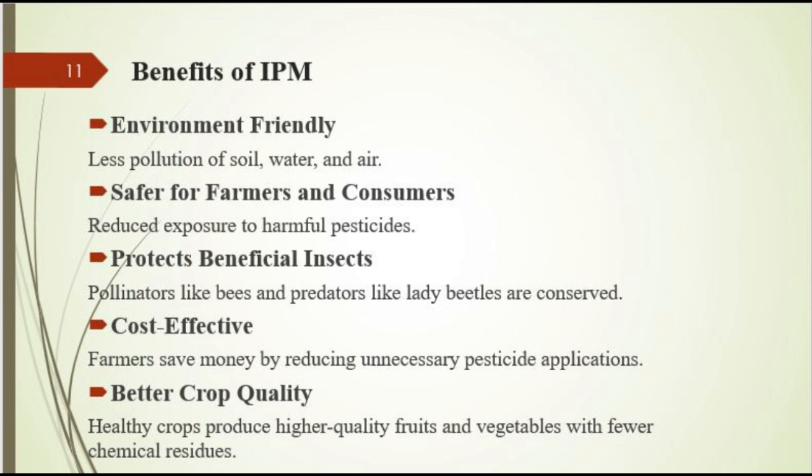Pollinators like bees and predators like lady beetles are conserved. 4. Cost-effective. Farmers save money by reducing unnecessary pesticide applications. 5. Better crop quality. Healthy crops produce higher quality fruits and vegetables with fewer chemical residues.